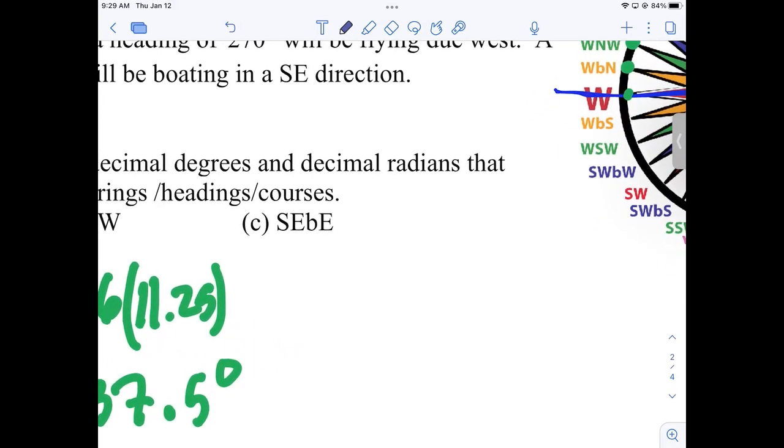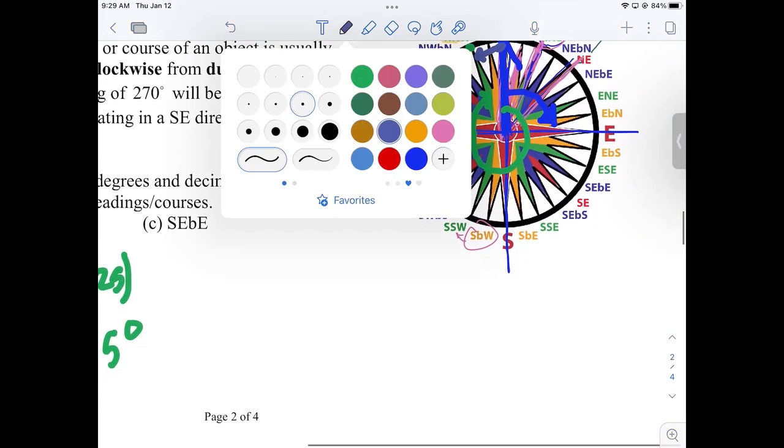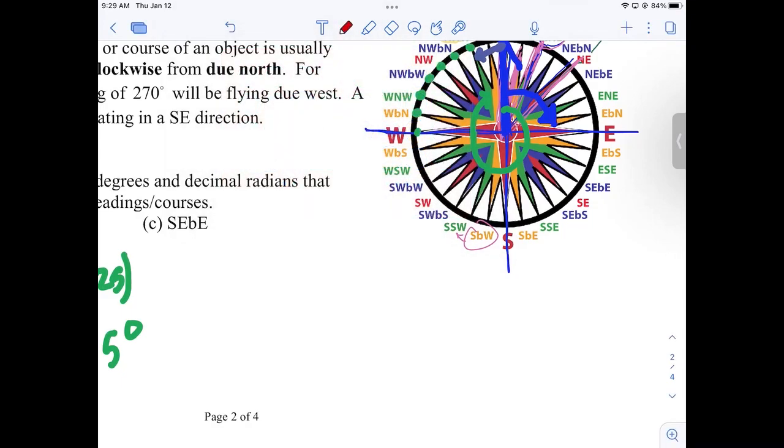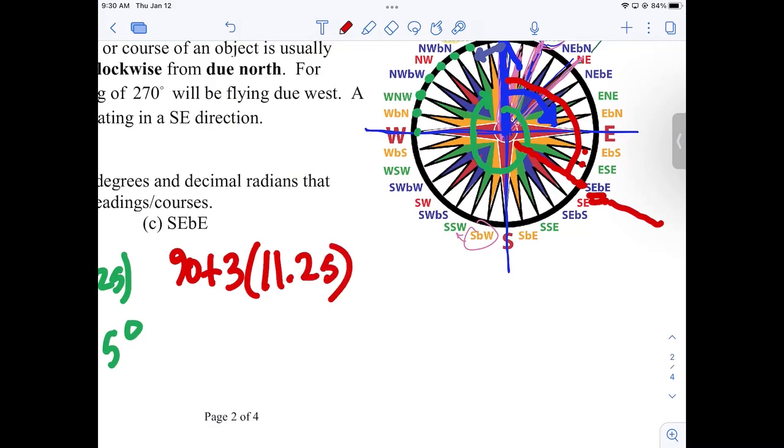CB, southeast by east. Yeah. So CB is down there in the bottom right.